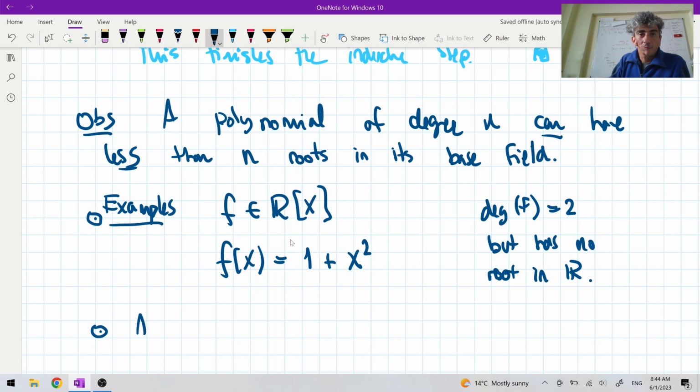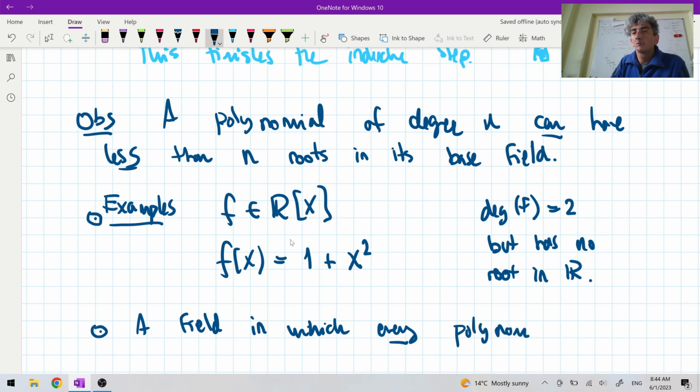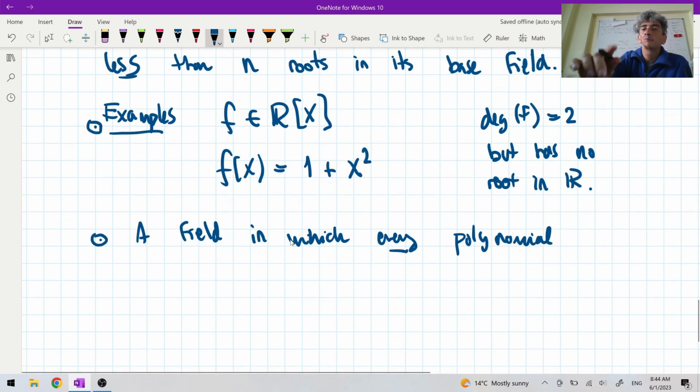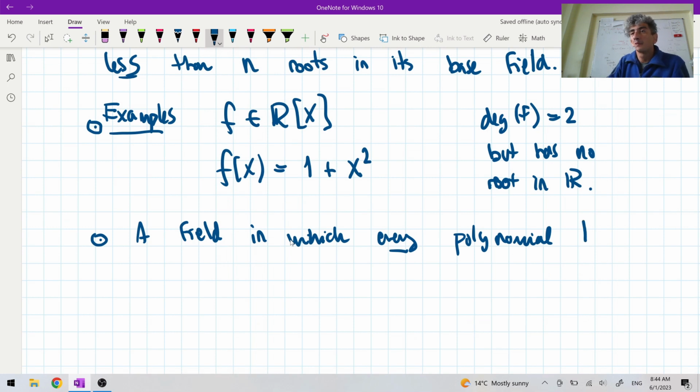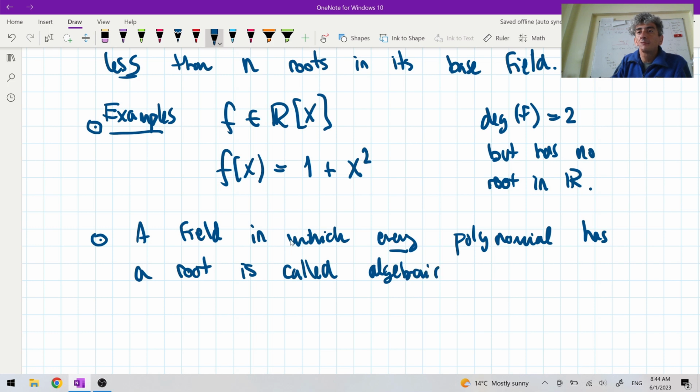A field in which every polynomial has a root is called algebraically closed.